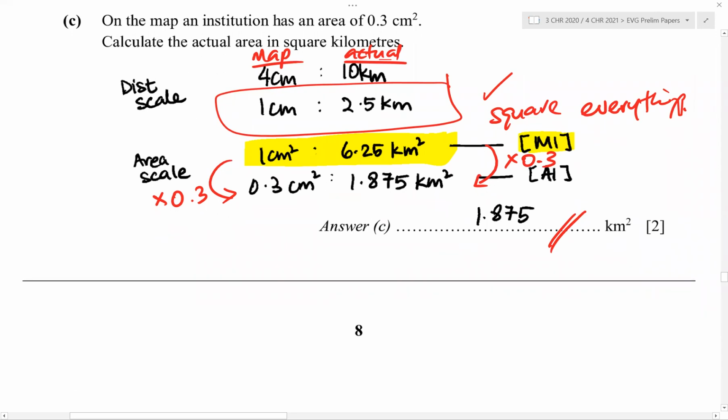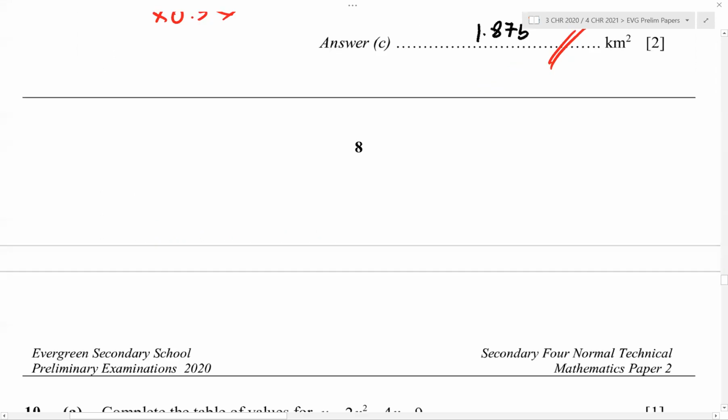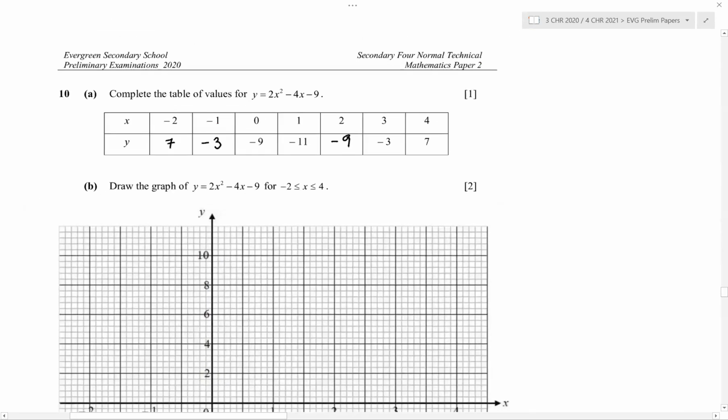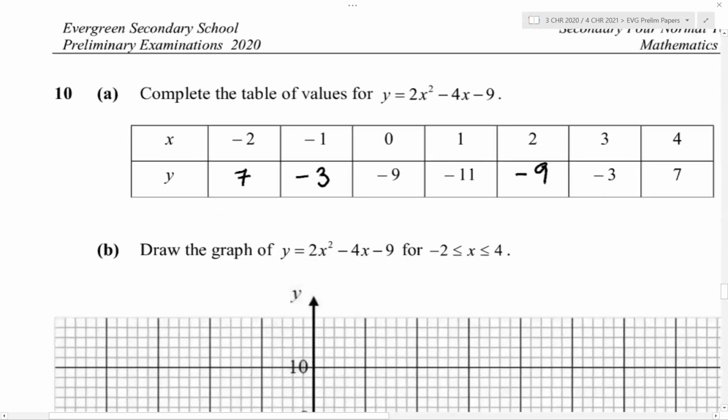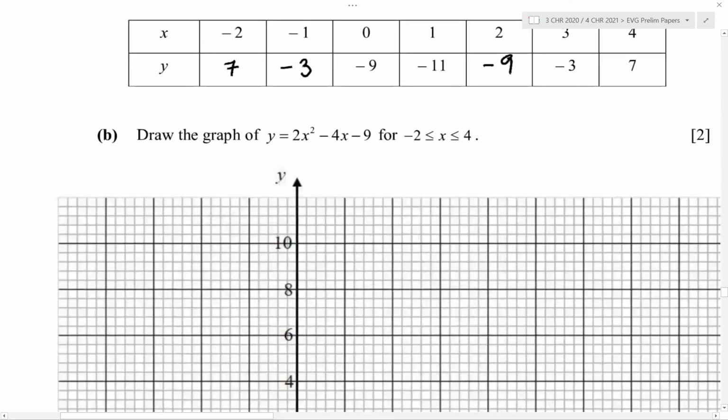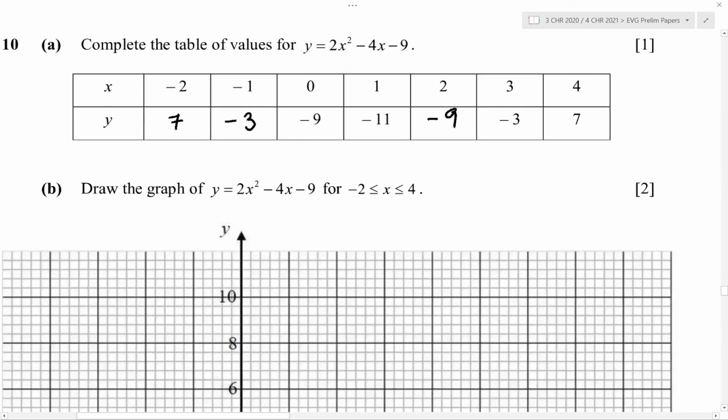How many more questions? Are you done? Next. Okay, graph drawing. The values are -7, -3, and -9. Check. All 3 values correct?